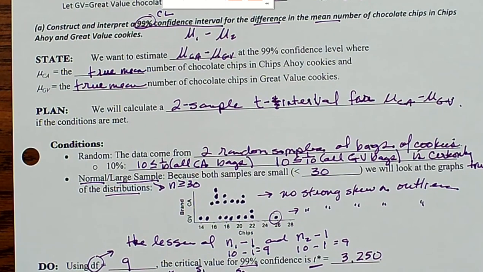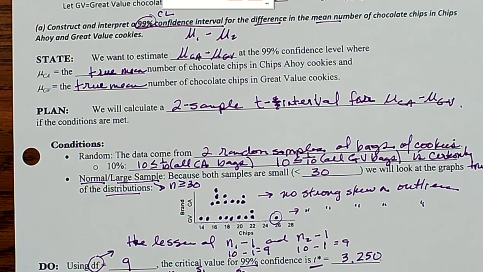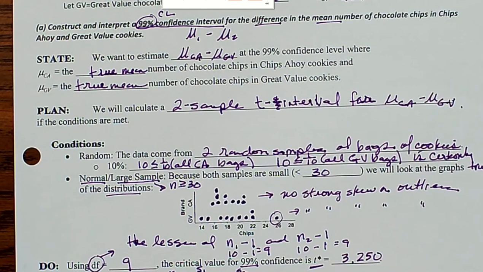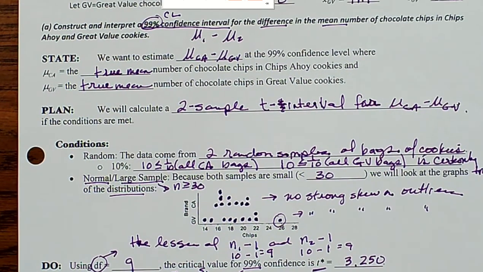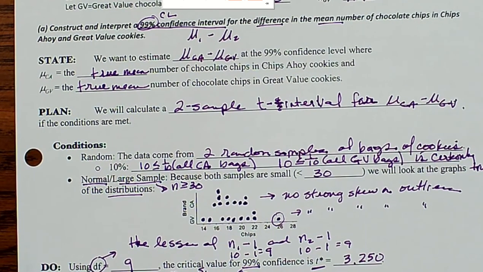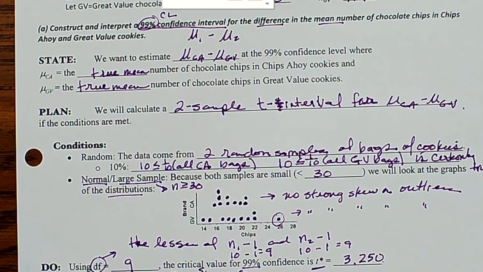Our conclusion is that we are 99% confident that the interval from -4.8 to 2.8 captures the true difference in the mean number of chips in Chips Ahoy and Great Value cookies.